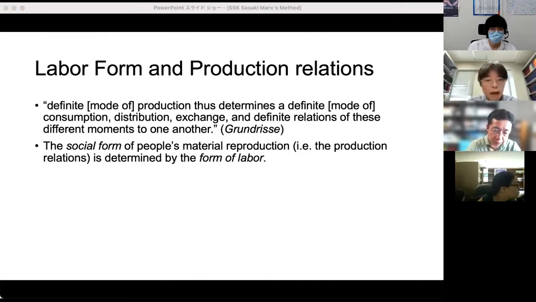In other words, according to Marx, the social form of people's material reproduction, i.e. the production relations, is determined by the form of labor. Next, I'd like to discuss in more detail the relationship between labor form and production relation.